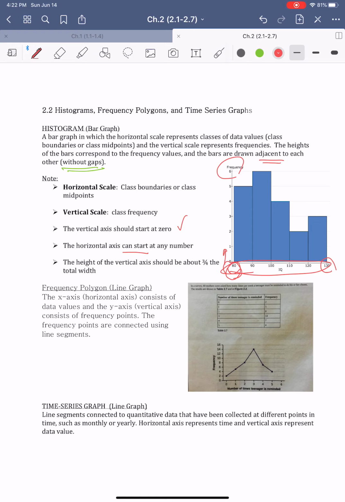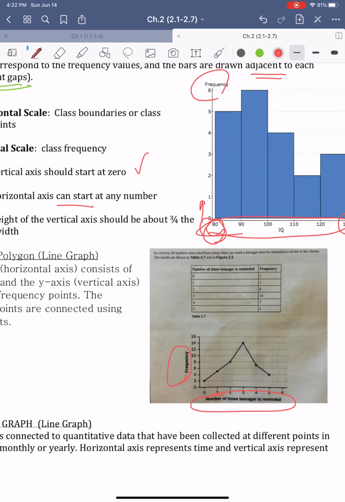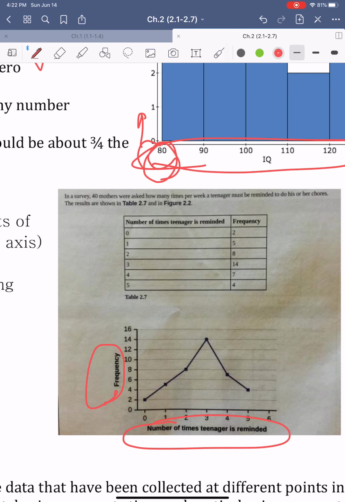Frequency polygon. What is a frequency polygon? A frequency polygon is basically a line graph. You have probably seen a line graph before. The x-axis represents the horizontal scale, and the y-axis represents the frequency. So here, if you look at this data, in a survey, 40 mothers were asked how many times per week a teenager must be reminded to do his or her chores.